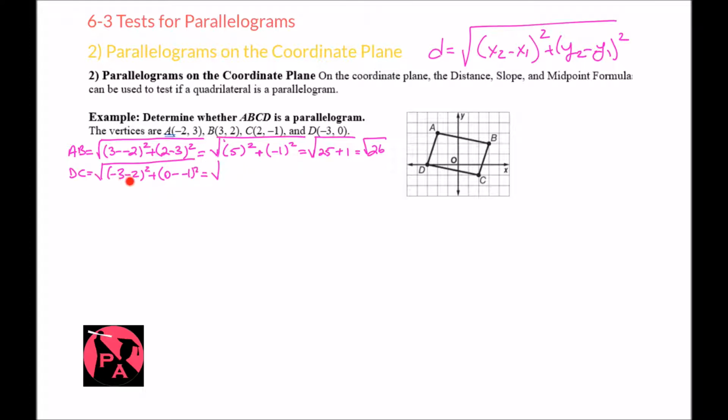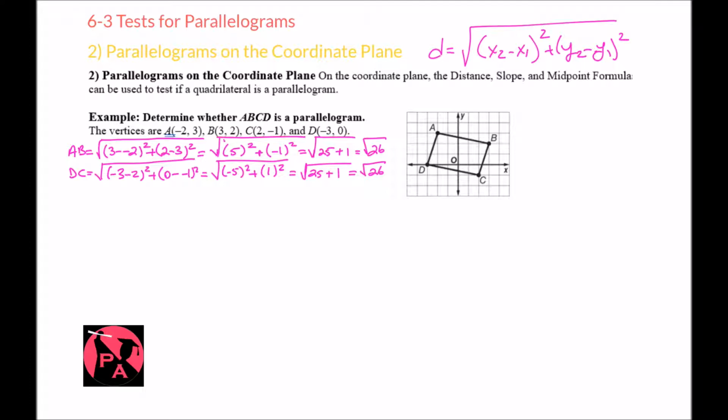Negative 3 minus 2 is equal to negative 5 inside the parentheses. 0 minus negative 1 is positive 1. Now, if we multiply negative 5 by itself, it becomes positive, which is 25. 1 squared is 1 times 1, which is 1. So if we add these two numbers, we realize that the length of AB and DC are the same.